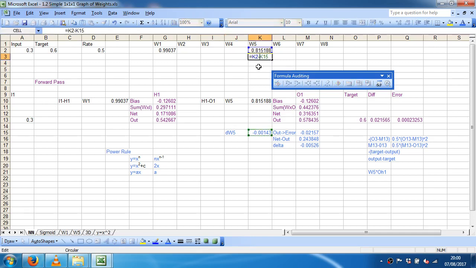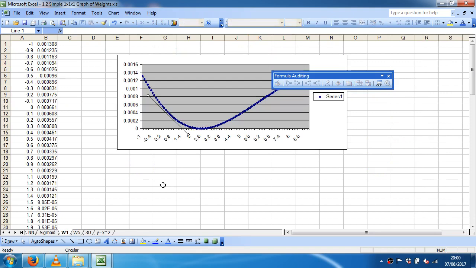Minus. Because subtracting a negative makes it a positive, which means we're making the number bigger. So we're going to go from 0.815 a tiny little step this way to 0.816, so we move down the hill. Only a little bit, but we've moved down the hill, which is what we were trying to achieve in the first place.